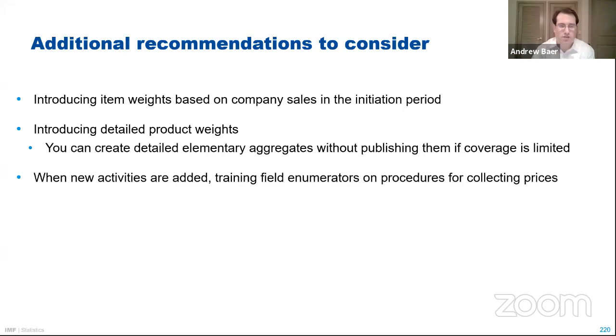And we also talked about introducing detailed product weights. I'm not sure if you have some detailed categories within the ISIC 4 digits that might improve the accuracy of your 4-digit indexes, even if you don't publish the detail.